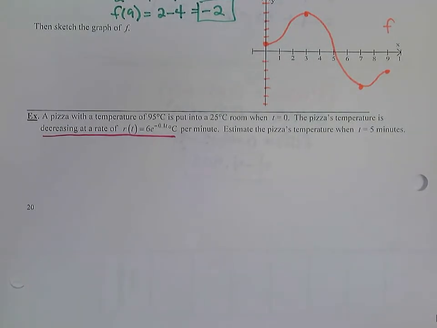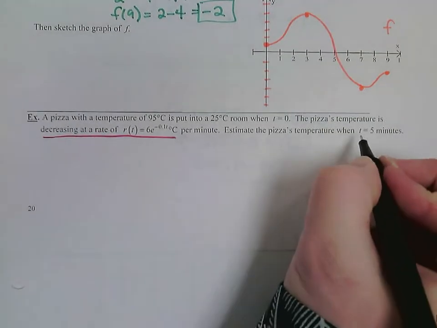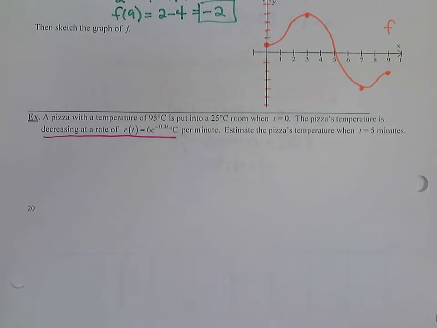And if we integrate the rate of change between 2 points, what are we going to get? The amount of change. And if we know what temperature we started at, and we can figure out the amount of change in the temperature, then we can use that to figure out what the temperature will be in 5 minutes. Does that make sense?